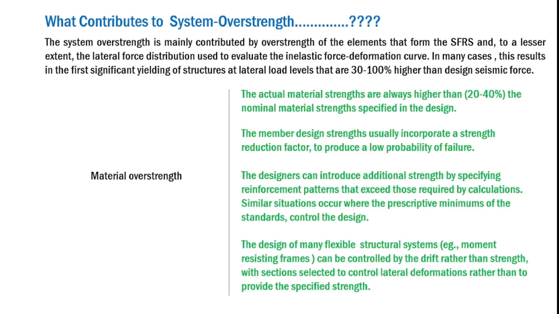And this is another factor that contributes to the material overstrength. Thus, we find that there are many factors inherent in any structural system that contribute to the material overstrength. And please remember that this material overstrength is always 30 to 100%. And this material overstrength results in a fully yielded strength of the structure which is 30 to 100% higher than the design seismic force level Vs of the code.